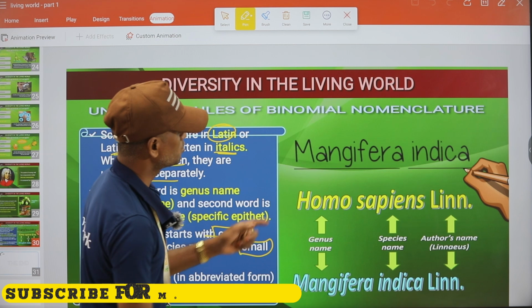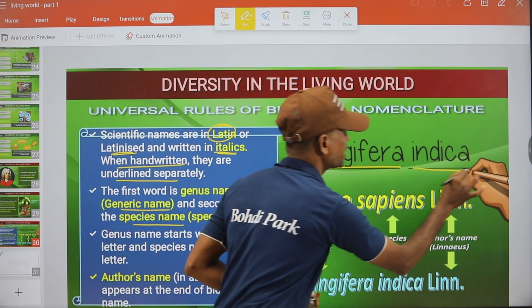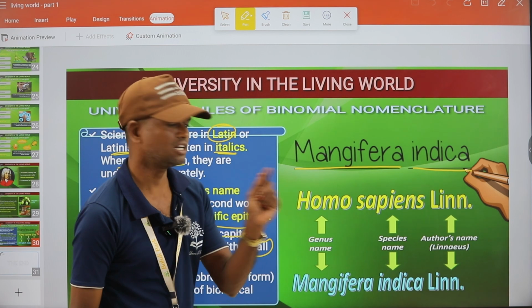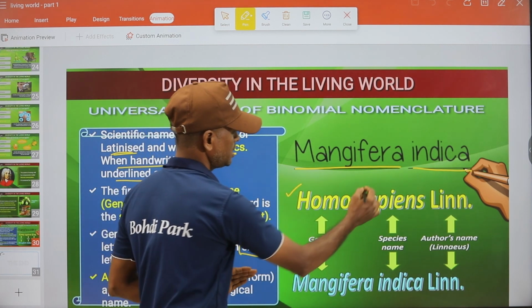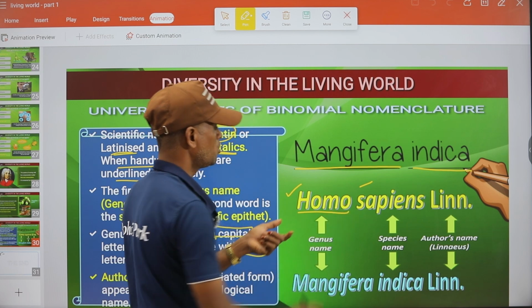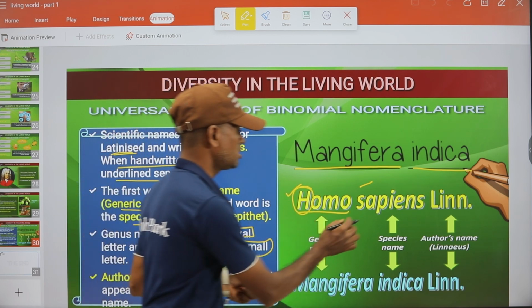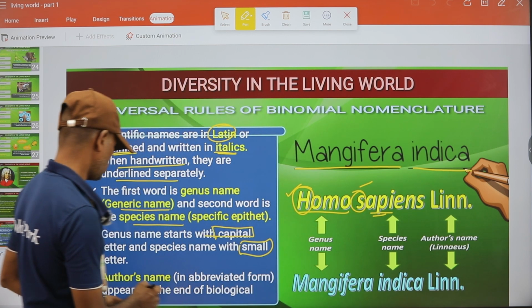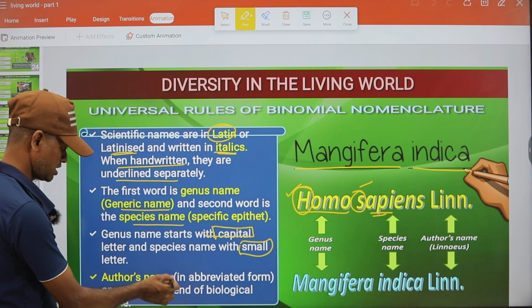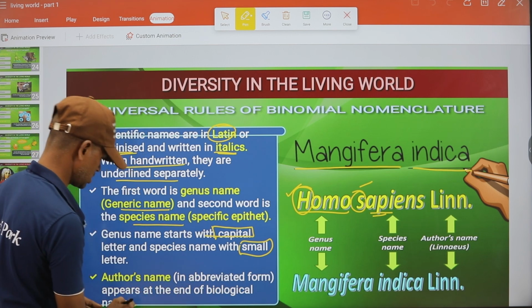See this one. Mangifera indica, if handwritten, we have to underline separately, genus separately and species separately. If it is printed, it should be in italics, right? So this genus name Homo starts with a capital letter, and the species name is in a small letter. Homo sapiens. Okay, so the author's name in abbreviated form appears at the end of the biological name.